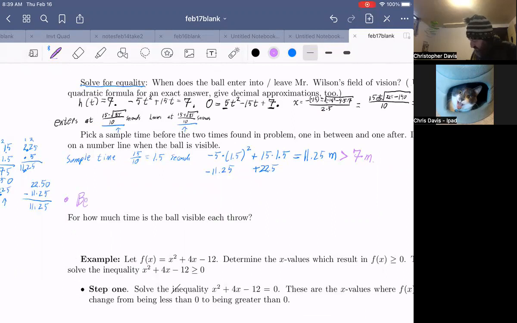Between these sample points, for a time that's between those two, the ball is visible.